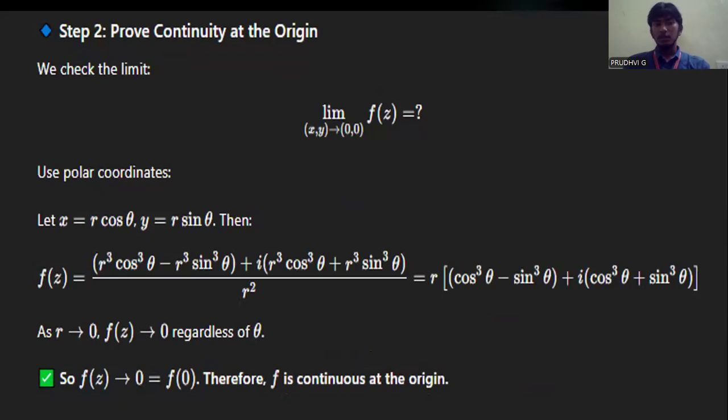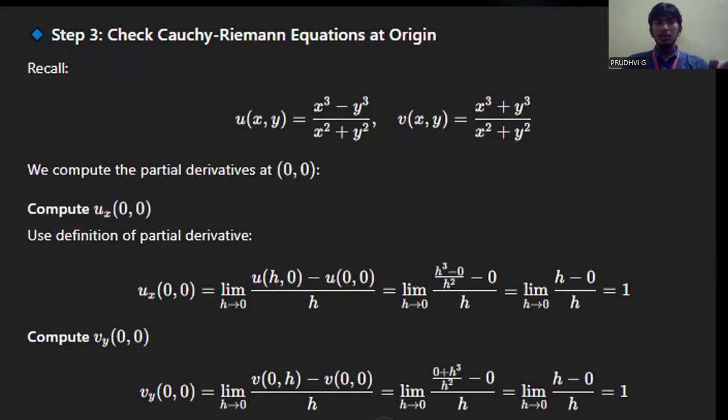When r tends to 0, f of z also tends to 0, regardless of theta. So f of z tends to 0, which is f of 0. So the first condition is proved: the function is continuous at the origin. Now checking the Cauchy-Riemann equations at the origin.